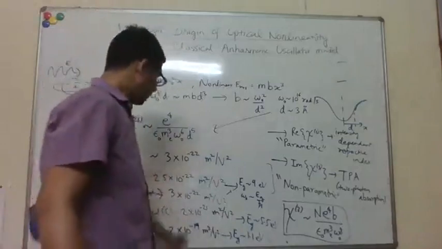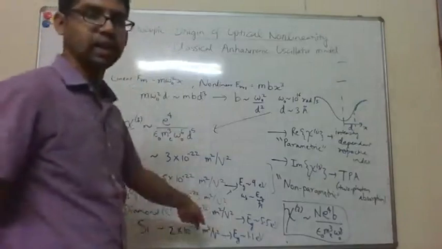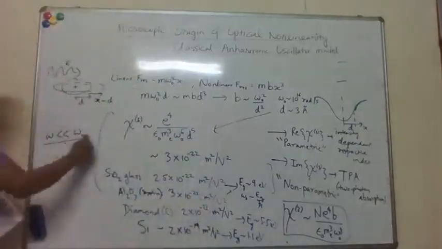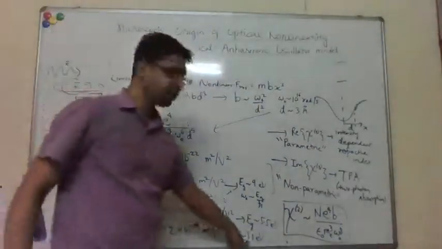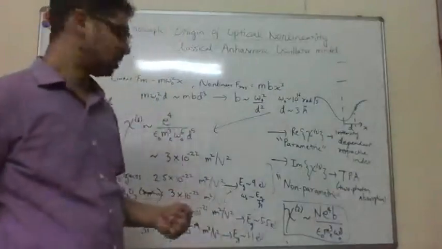Right, so you might think that great, silicon is then a super awesome nonlinear material, right? But remember, this is valid only when your frequency is much lower than the band gap. So if your band gap is already very small, then the range of operation is very restricted.